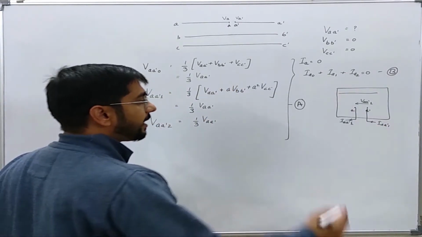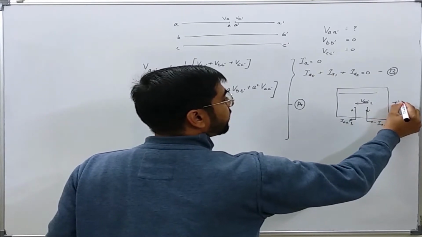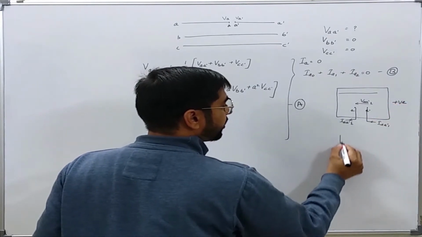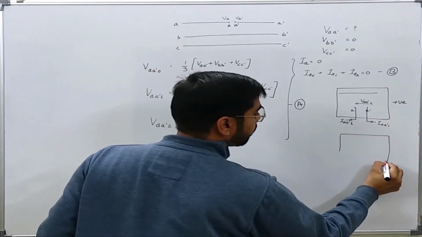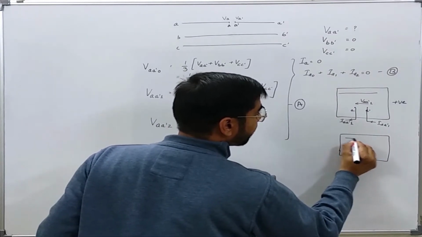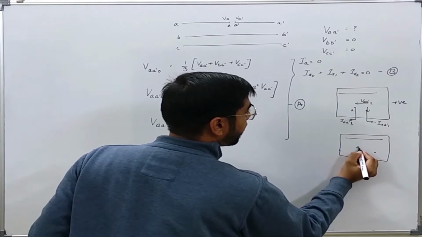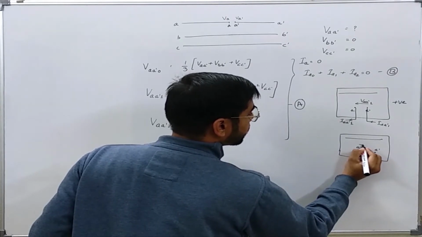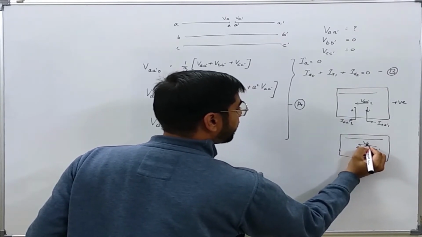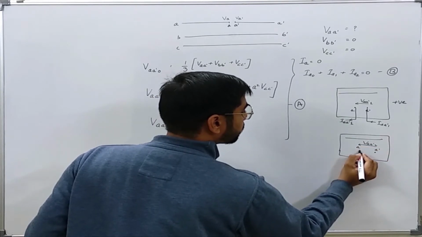Similarly, this is the positive sequence. Let us draw the negative sequence part. This is the reference bus. These are the 2 points A dash, and this voltage is VAA dash 2.